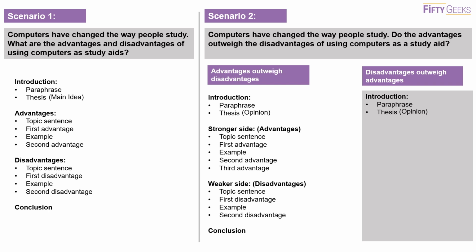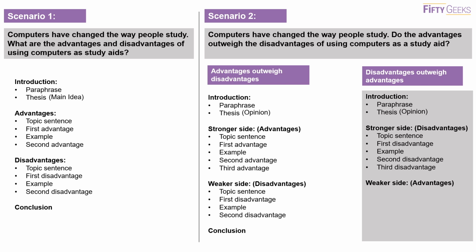After that, we will write the stronger side where we have to write a topic sentence, 3 disadvantages, and 1 supporting example. Then on the weaker side, we need to write a topic sentence, 2 advantages related to the topic, and 1 example. Finally, we will write a conclusion.